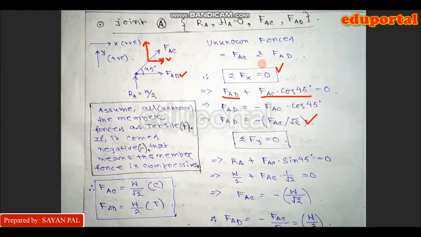Now summation of Fy equal to 0, that is, the summation of forces in the vertical direction is 0. The forces are RA plus FAC sin 45 degrees, that is the vertical component, equal to 0. We know RA is W by 2. So from here we get FAC equal to minus W by root 2.